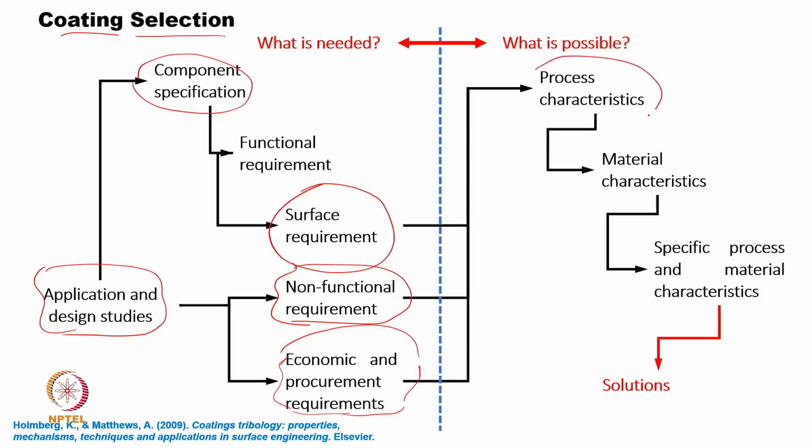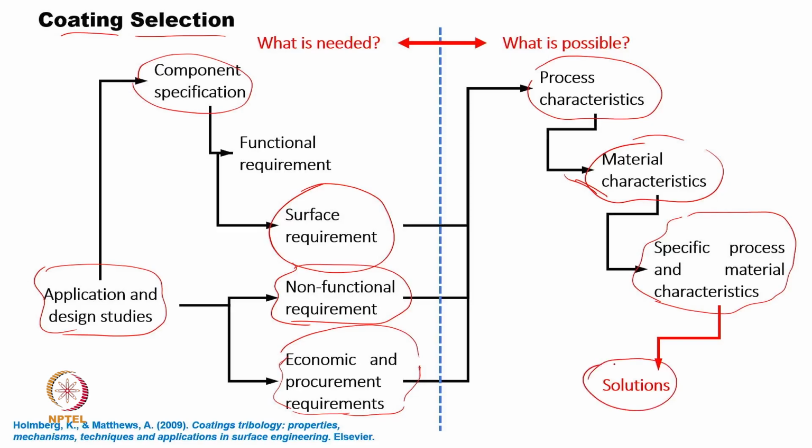Now, in this situation we need to select the process, and we need to select the material also, because there is a big category of processes available, and an enormous number of materials available. Those need to be checked, and if we require a specific requirement, then we need to give weights to that requirement, and finally the solution will emerge from that. So, we have process, material, and requirements, and those need to be listed so that we get a good final solution using the selection procedure.